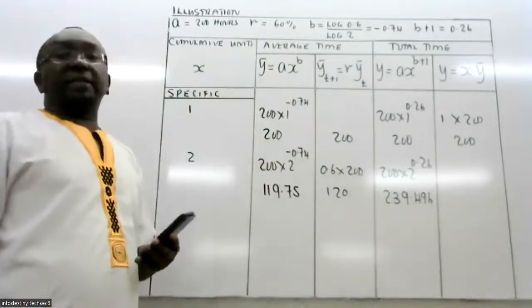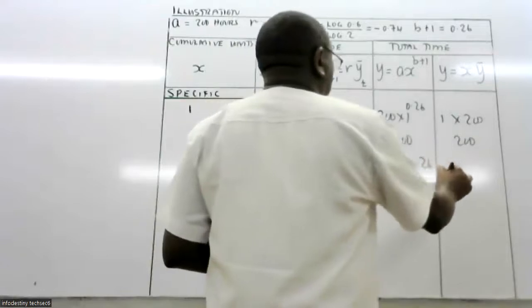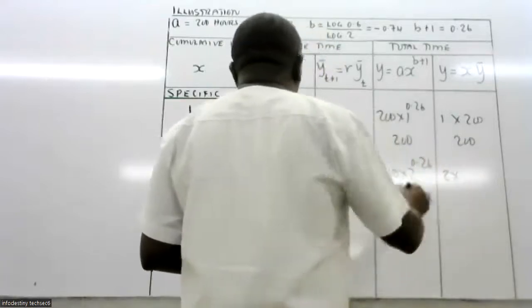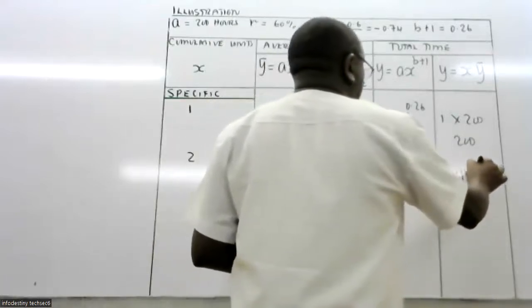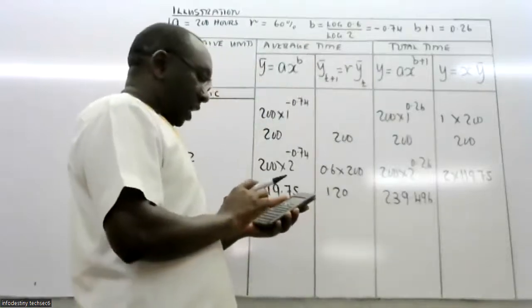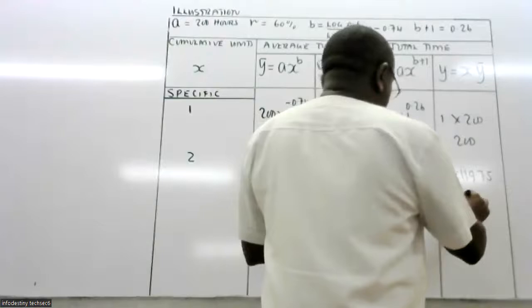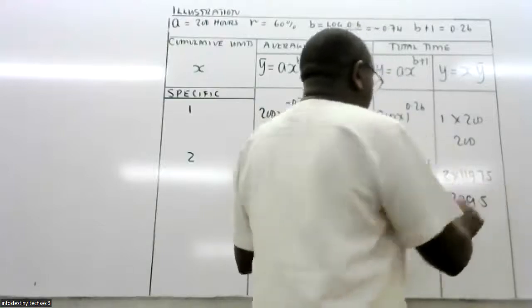When we go to this other side, it will be 2 times y bar. Y bar is 119.75. So 2 times 119.75 is 239.5.